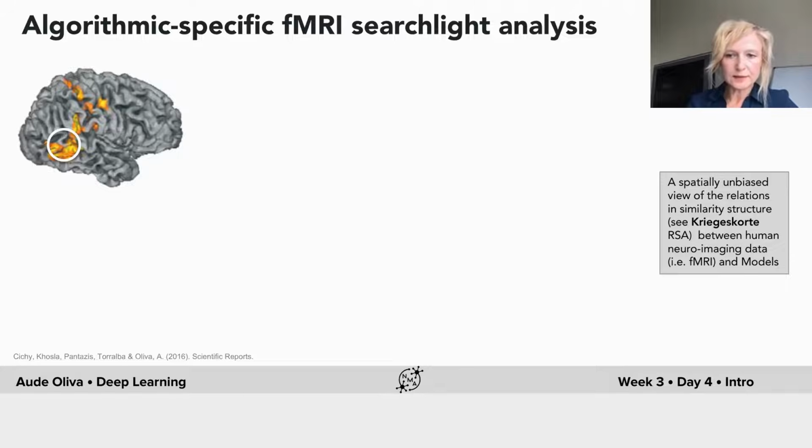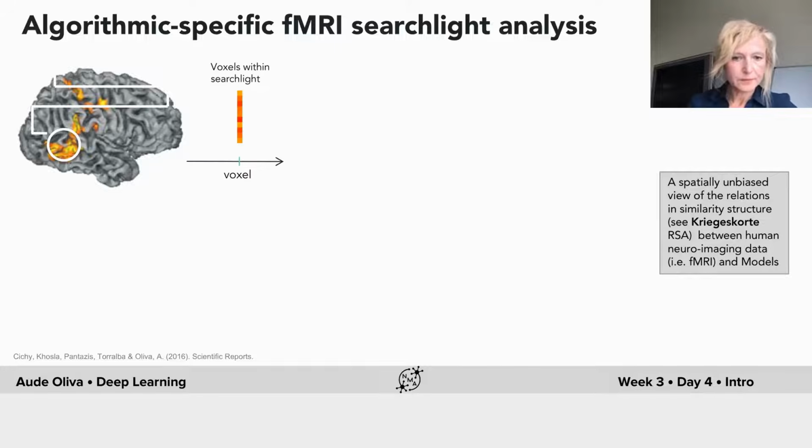Here is an example of the method we use. To analyze the brain data, we used what we call a Similarity Searchlight approach. We can move a spherical searchlight of cortex patches through the brain volume to select at each location a local set of voxels. For each voxel and image, we have a vector that corresponds to the activity of that patch.